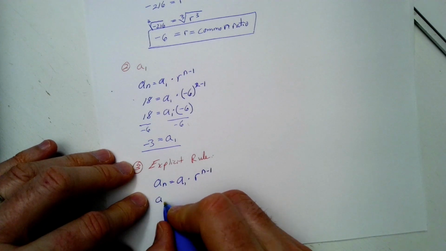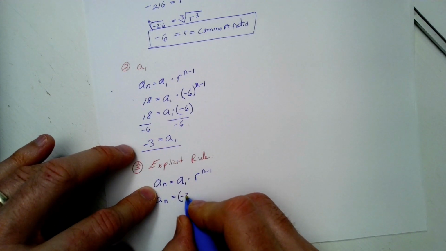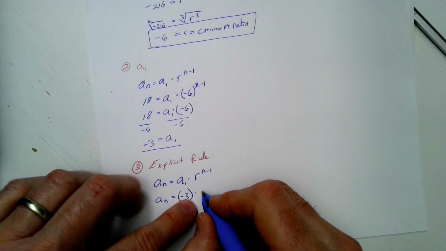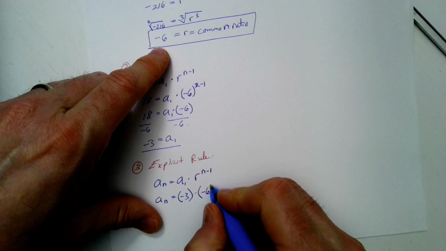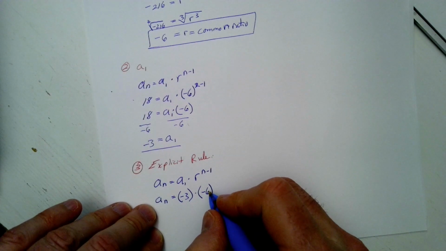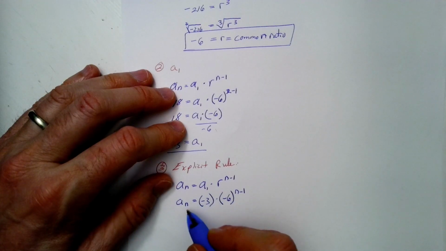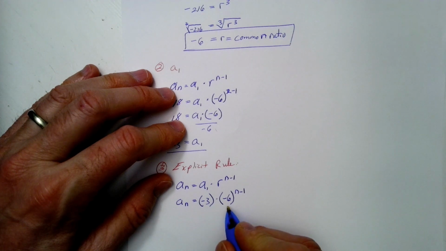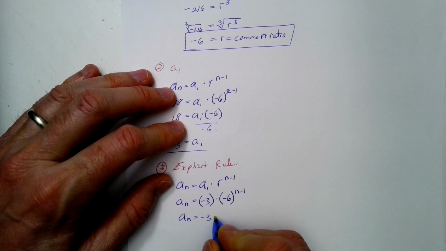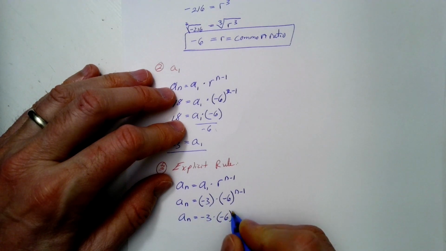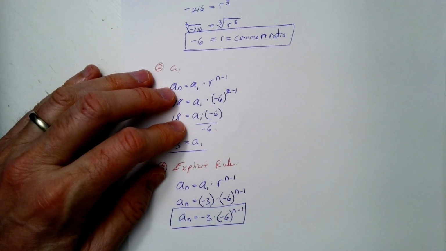So an equals a1, which is negative 3, times r, which is negative 6, to the n minus 1 power. I don't really need to have that negative 3 in parentheses. I might just clean it up a little bit and put negative 3 times negative 6 to the n minus 1 power. Then I'll box that. So that's our explicit rule.